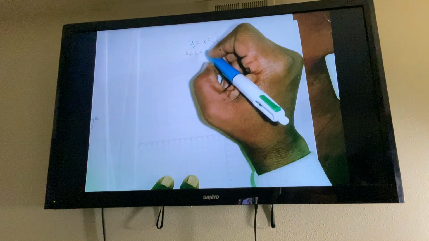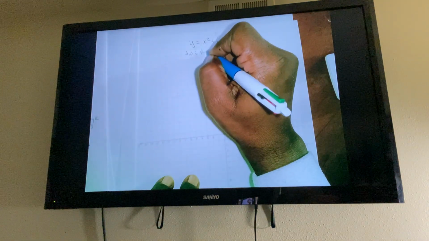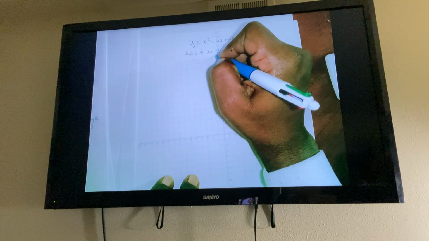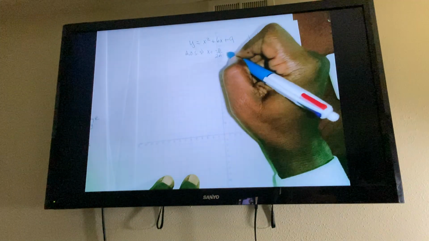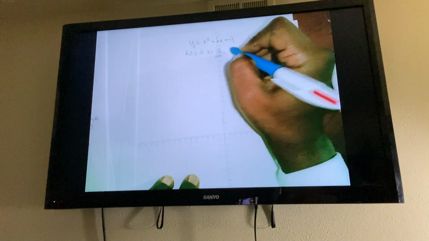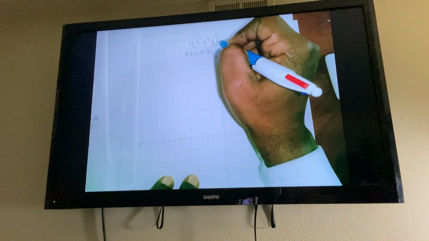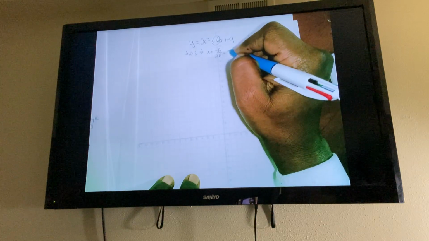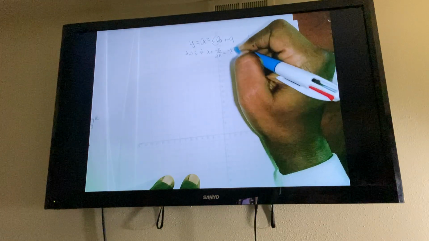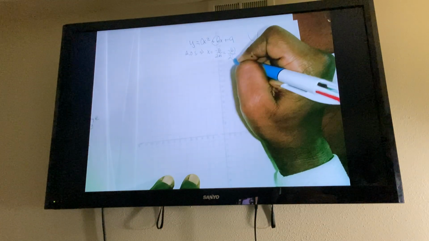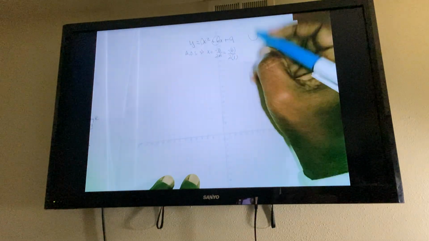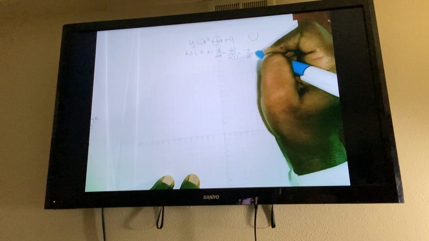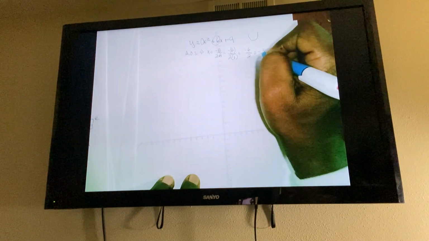equals, well, it is x equals negative b over 2a, which is, b is positive 6 and a is 1, so that's negative 6 over 2 times 1, which is negative 6 over 2, which is negative 3.